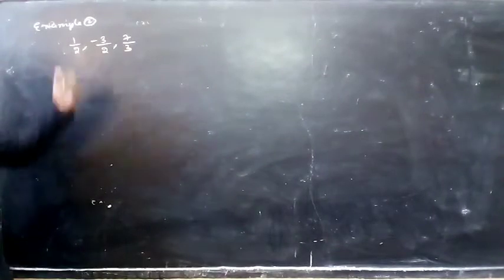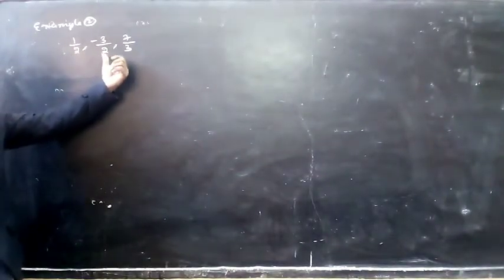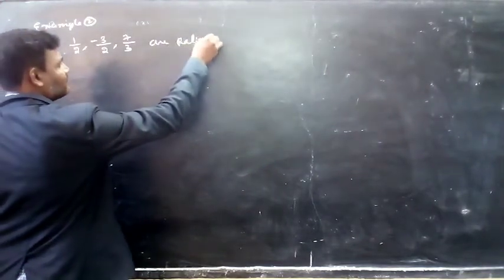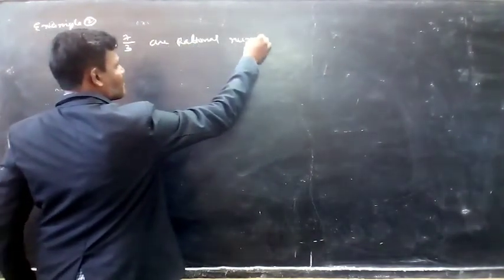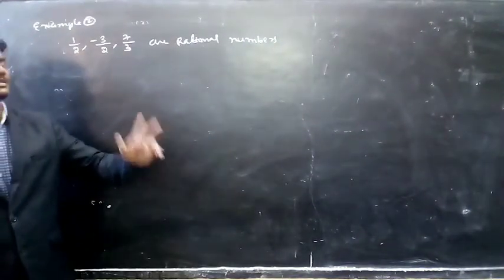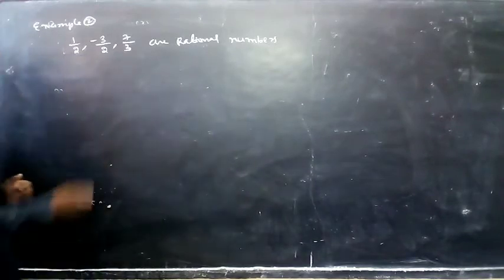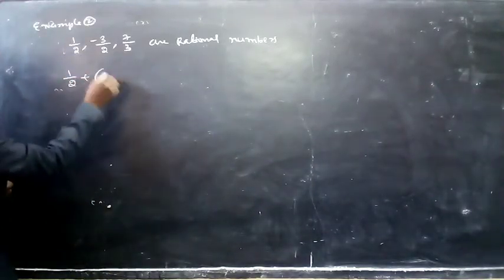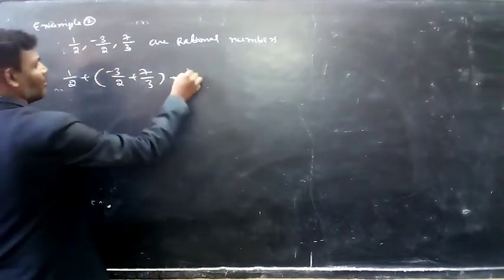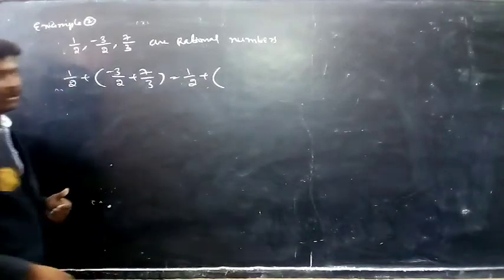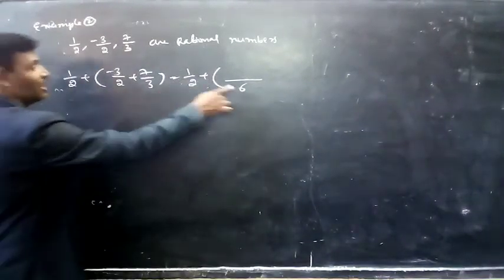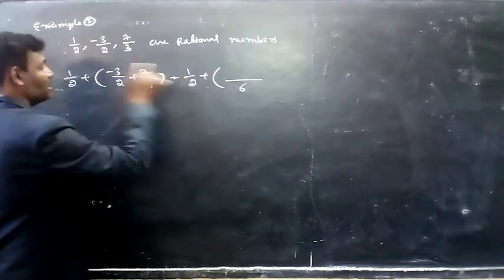Here is another example: 1/2, minus 3/2, 7/3 are three rational numbers. First I need (1/2 + (-3/2)) + 7/3. I am removing the bracket. Here the LCM of both is 6. 2 threes are 6, it is going 3 times. 3 threes are 9.